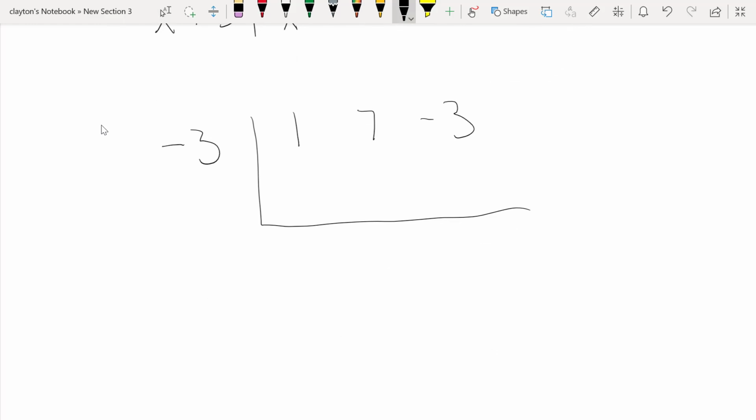So in synthetic division, the 1 immediately comes down. We have -3 times 1, -3. 7 plus -3, 4. -3 times 4, -12. -3 plus -12, -15.